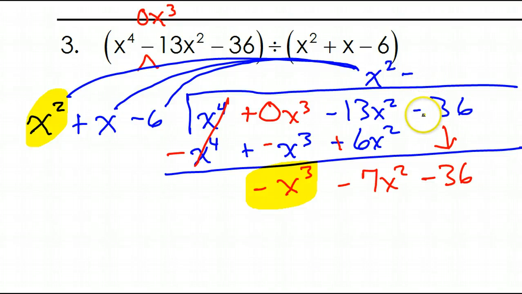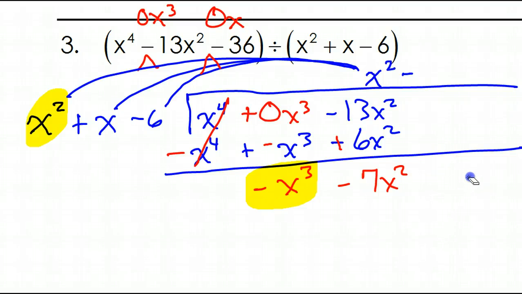Oh no, there's another missing term. I don't think it ruins anything yet, but I just noticed there's another missing term between the x squared and the 36. There should be an x term right there, 0x. So I'm just going to slide this over.